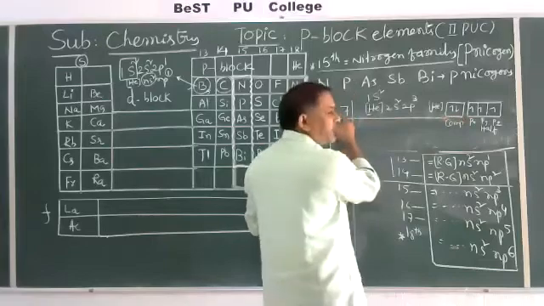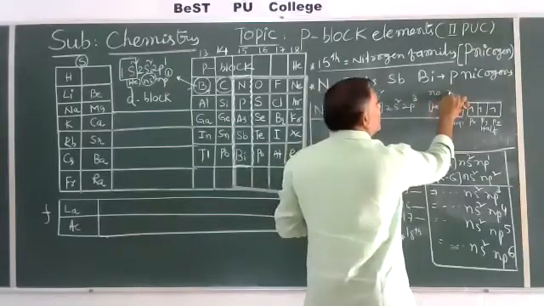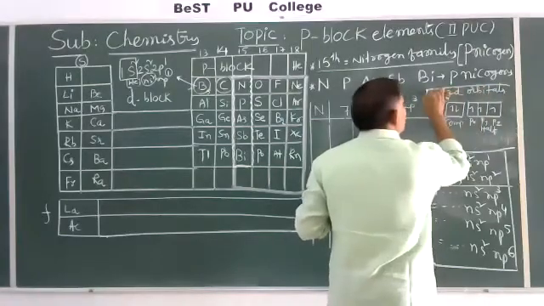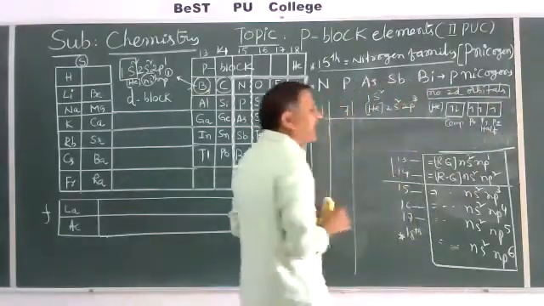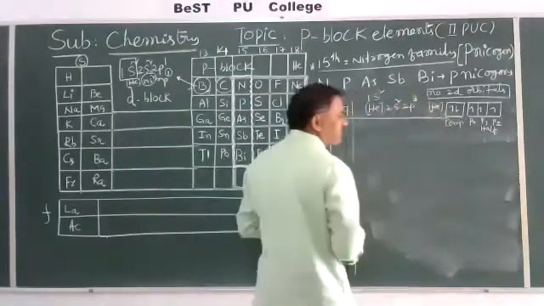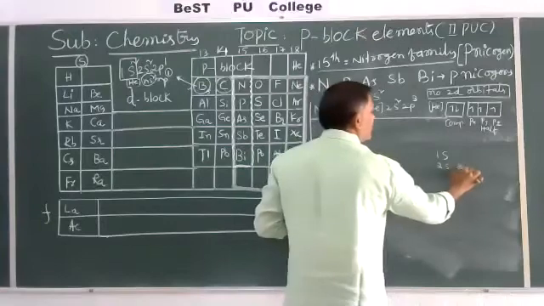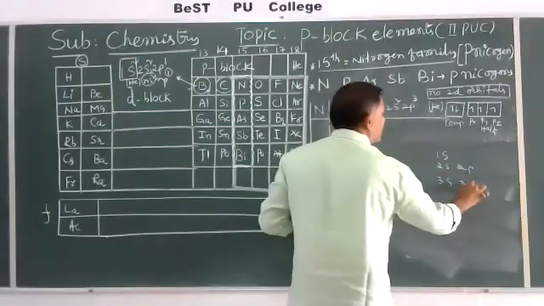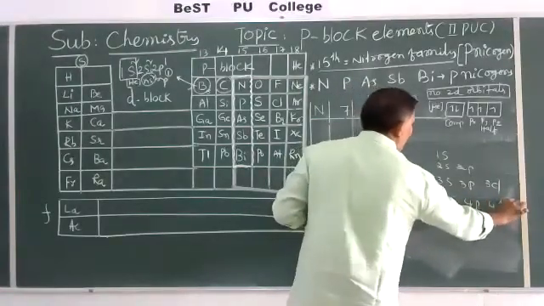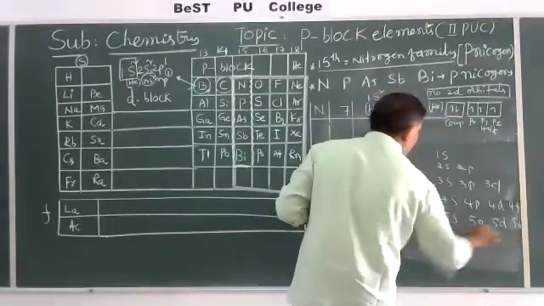Now, once we observe nitrogen, after 2s and 2p there are no 2d orbitals. In the second main energy level, according to the Aufbau diagram, it is 1s, then 2s and 2p, then 3s, 3p, 3d, then 4s, 4p, 4d, 4f, then 5s, 5p, 5d, 5f and so on.